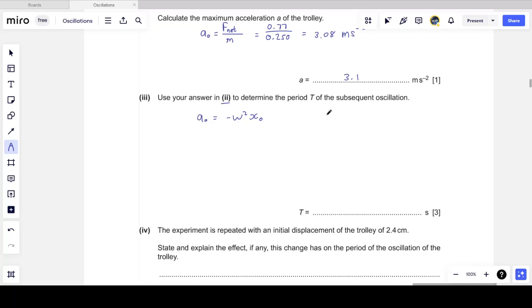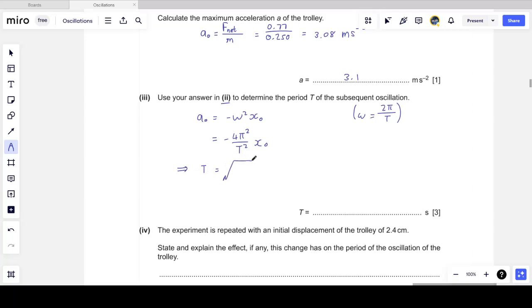What we know is that omega, and I can write this down on the side, I should always write it down just to allow the marker to know that I know the expression, omega is 2 pi divided by the period, T. And so this becomes minus, remember the minus sign still stays because it's in front of the omega, minus 4 pi squared over T squared times x naught, which means we can then do some rearranging if you want to do your mathematics this way.